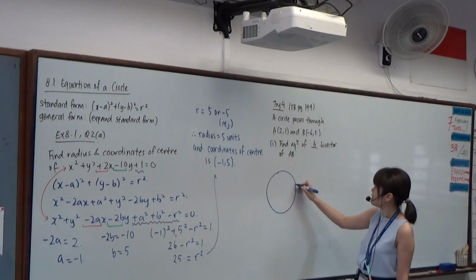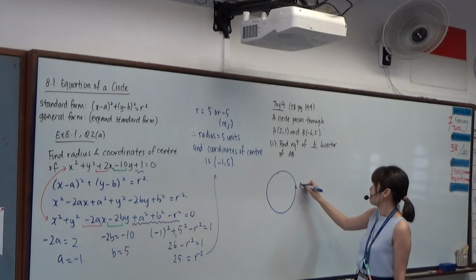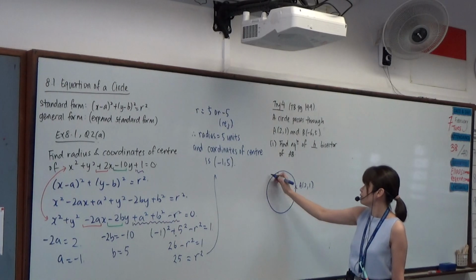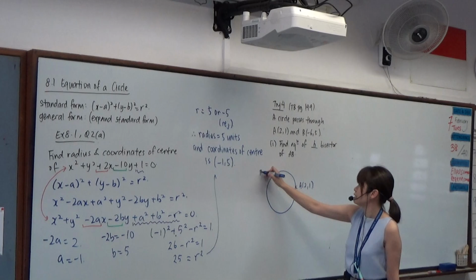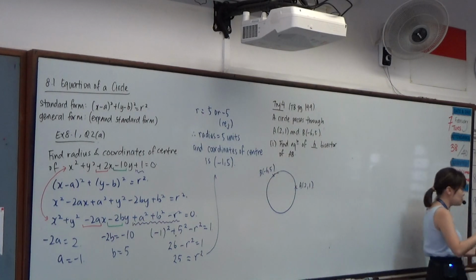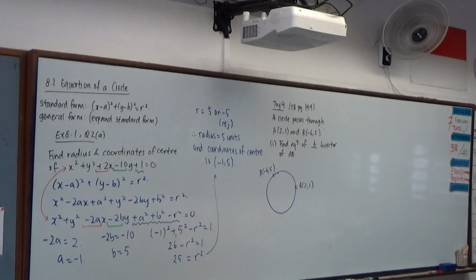So (2, 1) may be around here, and B (-6, 5) maybe around here. Just an estimate to help you visualize the question will do.